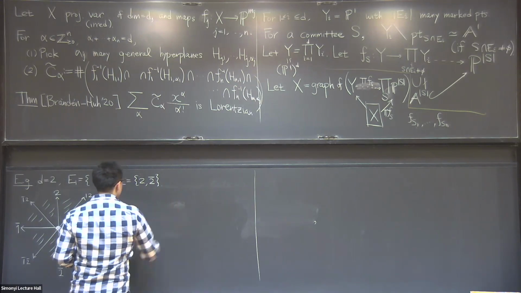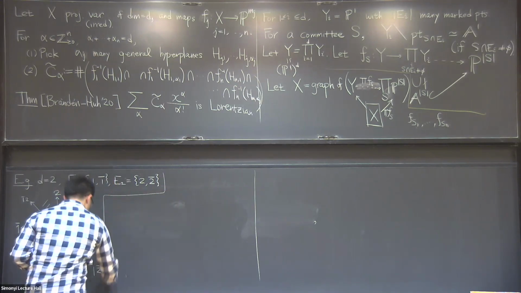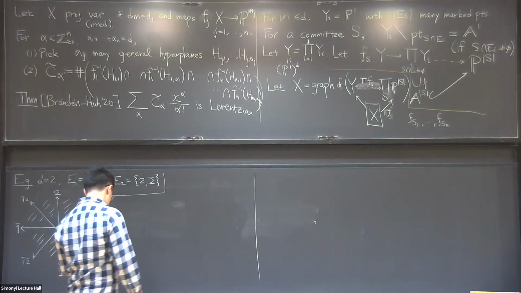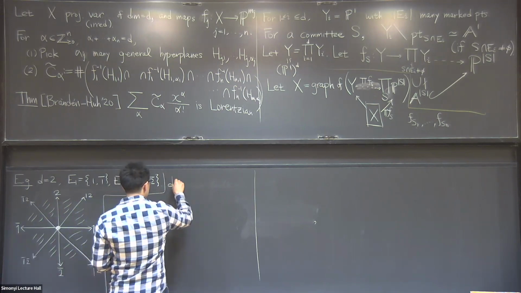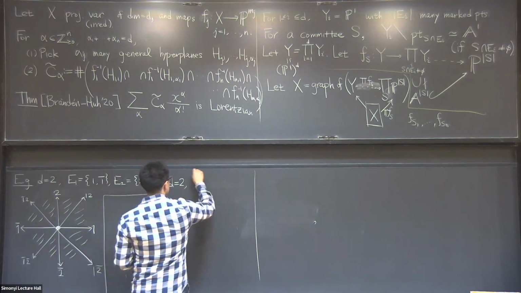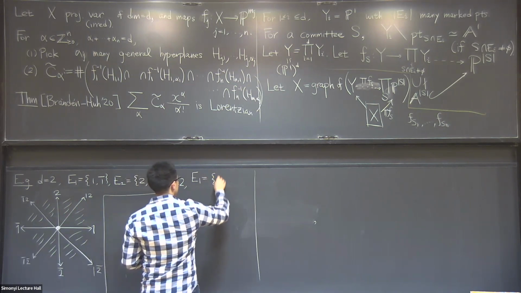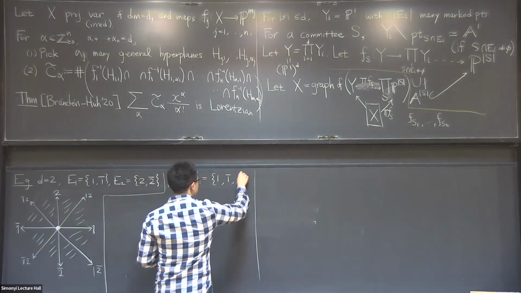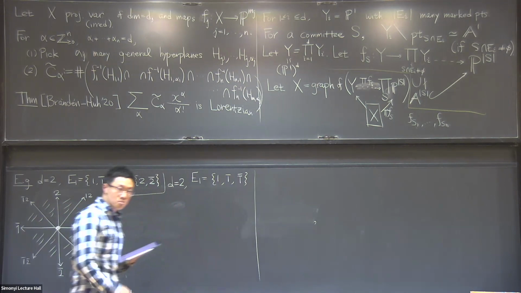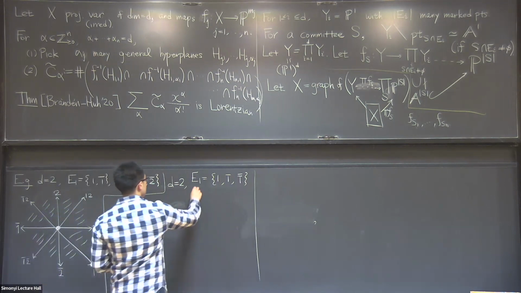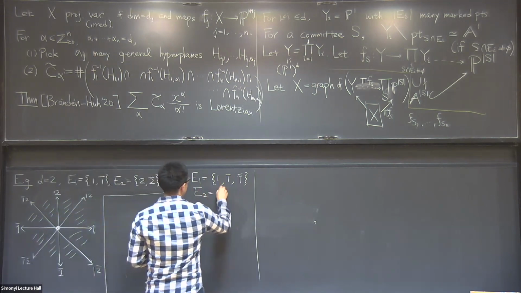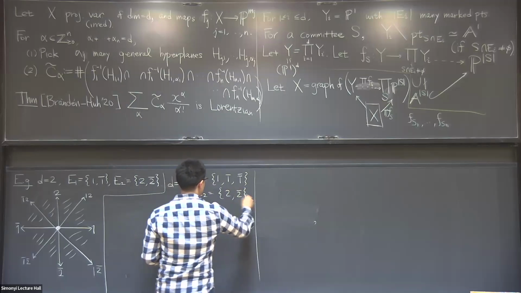This one might be a little too small to give you an idea, so let's do one bigger. D still equals 2, but let's now say E1 is 1 bar, 1, and, let's say, 1 double bar, so three things, and E2 is 2 bar.